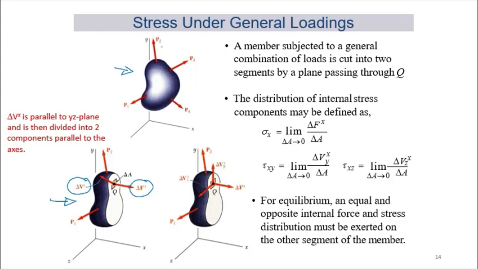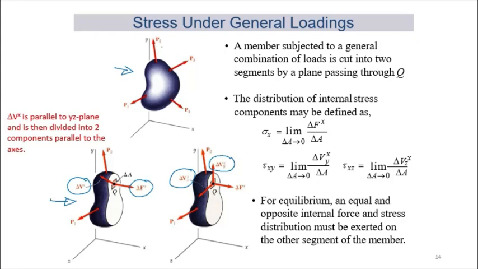In this case, we have x, y, and z. Therefore, what we need to do is to divide delta Vz into its components in the y and in the z direction. So in the third diagram here, we have one component of delta V is delta Vy, and the other component is delta Vz, right?